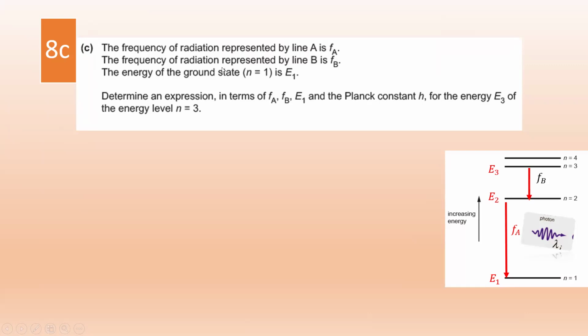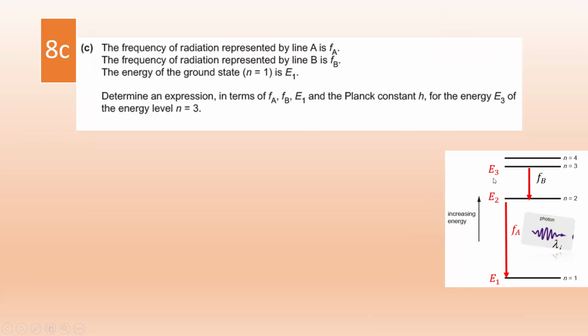Frequency of radiation represented by line B is FB. Energy of ground state, N equals 1, is E1. Determine an expression in terms of FA, FB, E1, and Planck's constant for energy E3 of the energy level N3.